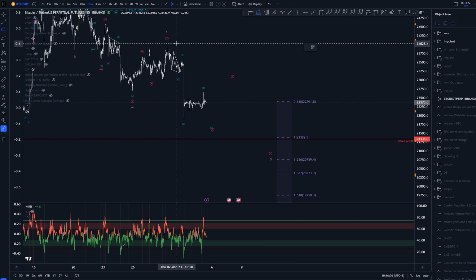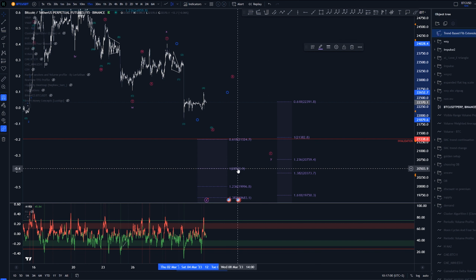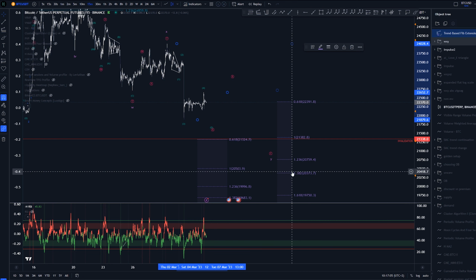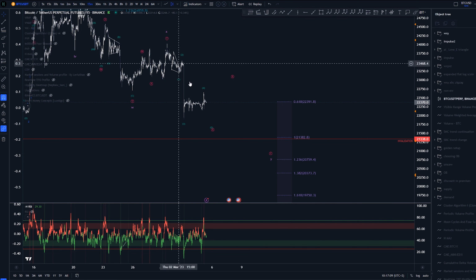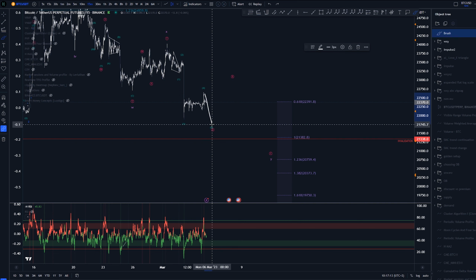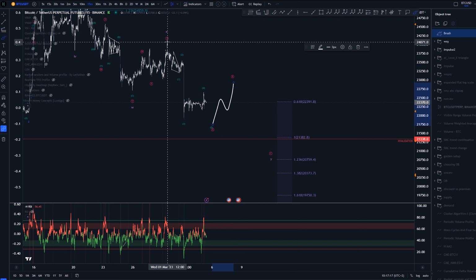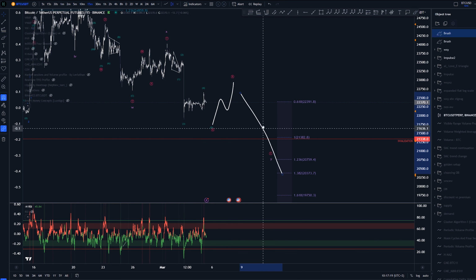If we want to be getting some targets here, 20.5k is the one-to-one. But yeah, that fits kind of well with these current targets on the higher time frame. But there is also a chance that this is indeed that fifth wave coming down, and only then we'd be looking for that wave B, and then we'd be looking to get that partner leg for this one.